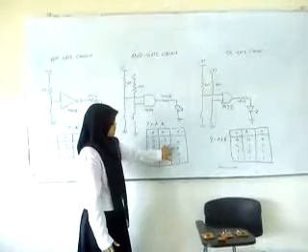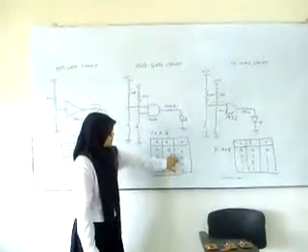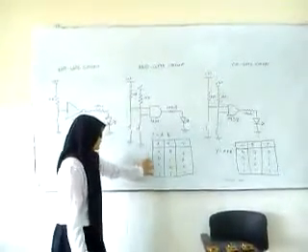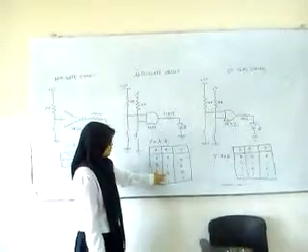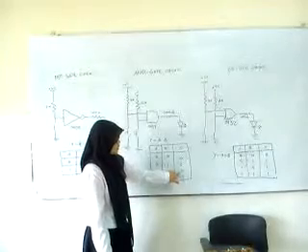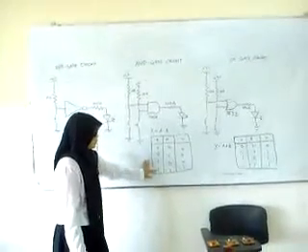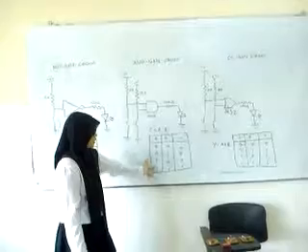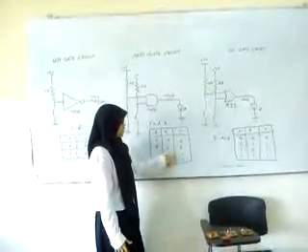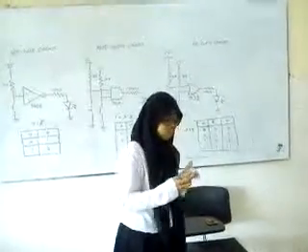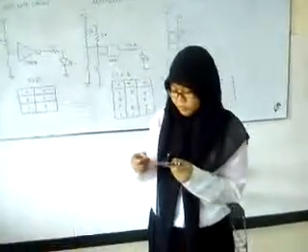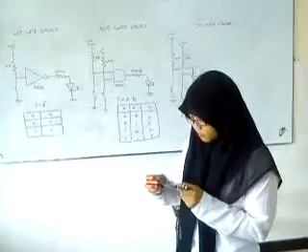This is the AND gate circuit demonstration. If the first input is low and the second input is low, the output is low and the LED is off. And if the first input is low and the second input is high, the output is low.